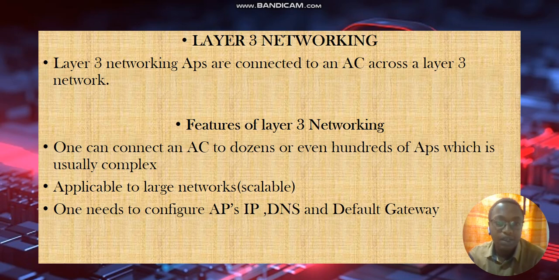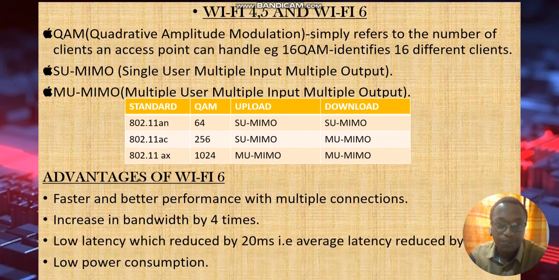When you're configuring Layer 3 access point access controller networking, one needs to configure an access point's IP, its DNS, and its default gateway in order for this Layer 3 networking to be efficient.